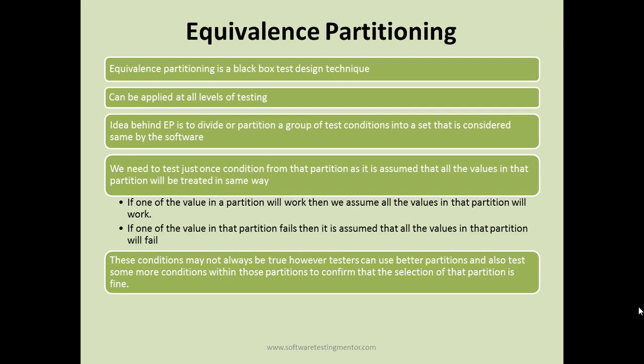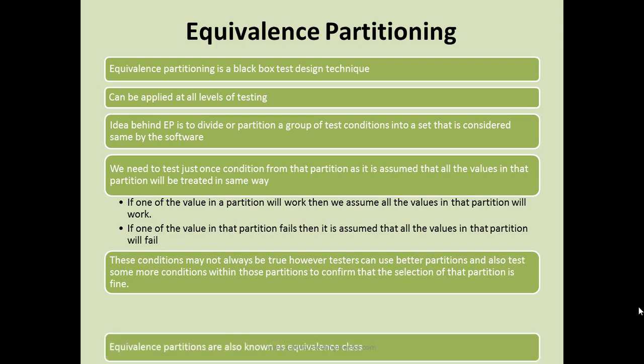So this is not a hard and fast rule that you should always test one value in one partition. There has to be a mix and match, and you should design your partitions in such a way that you are covering almost all the partitions, and then you should also try more values within those partitions and make sure that everything is fine.